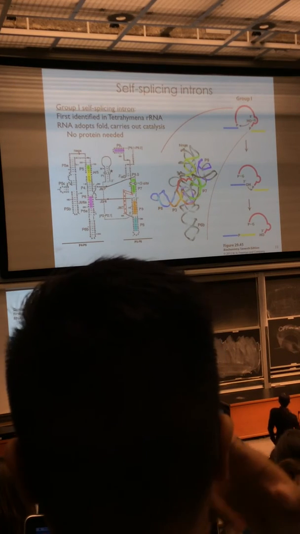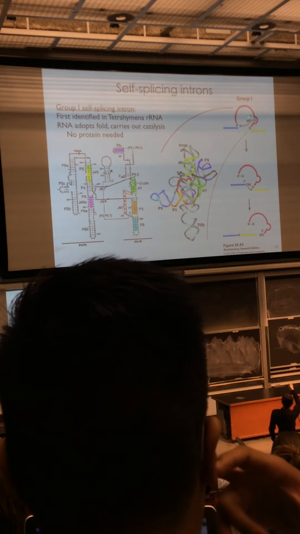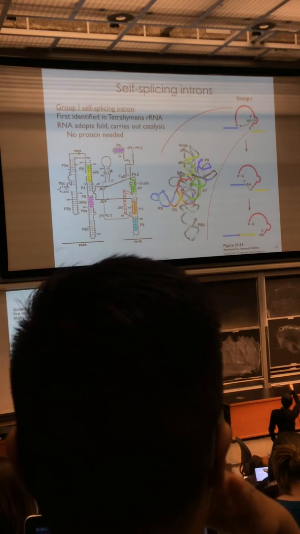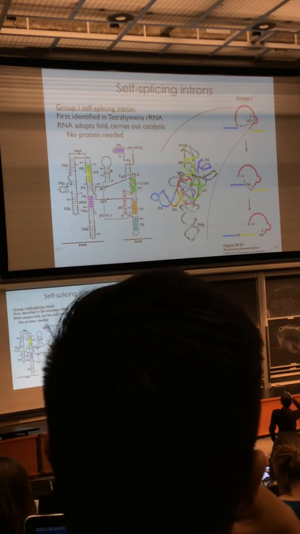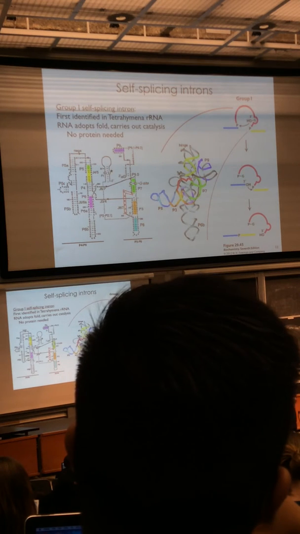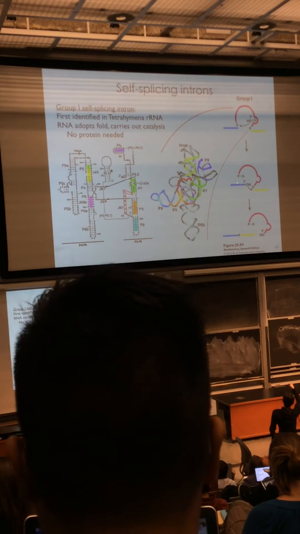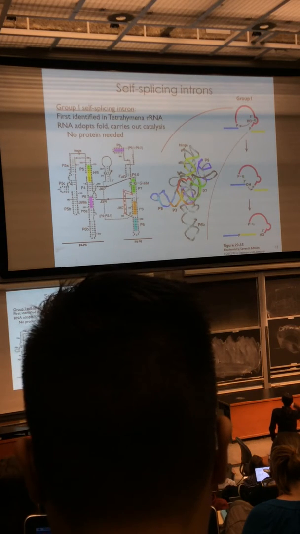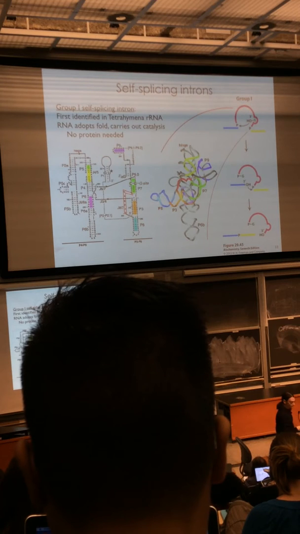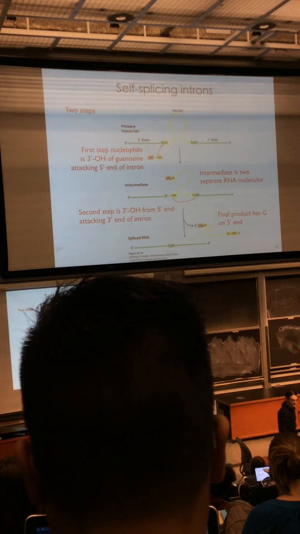The basic reaction is shown here, where this red sequence is folded up into this very specific and characteristic shape of a group 1 intron and catalyzes the splicing of the 5' to the 3' exons of the Tetrahymena rRNA and removes itself.